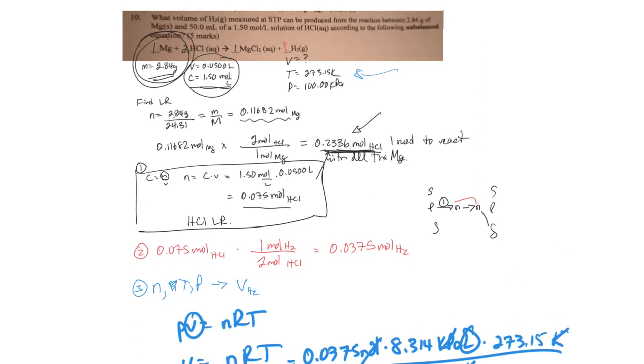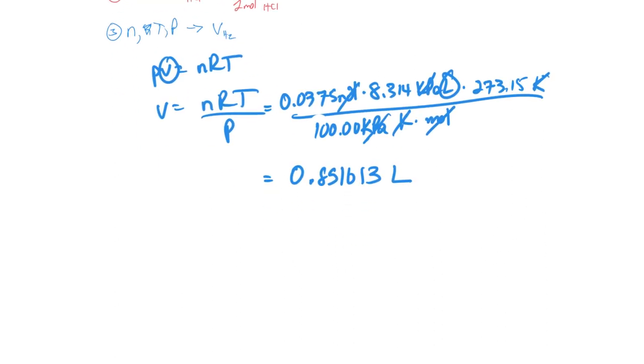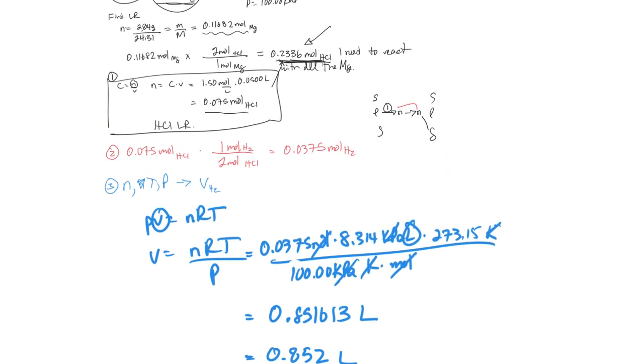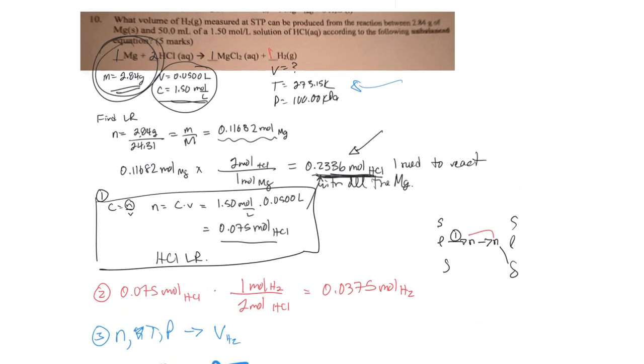I look up and it looks like 3 sig figs everywhere, so it'll be 0.852 liters. That's how much hydrogen will be produced if you have 2.84 grams of magnesium and this concentration of hydrochloric acid.